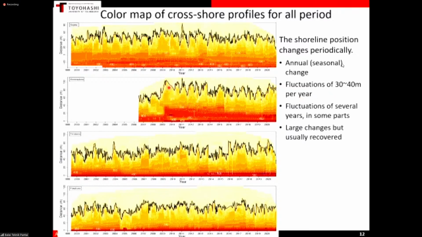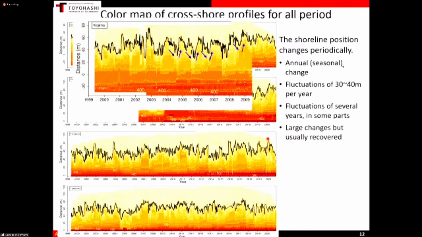But sometimes a big change occurs. But this big change also recovered within 1 year, because it is a seasonal change. This side is a retreat, and this is the side toward the ocean. So it is the advance and the retreat.